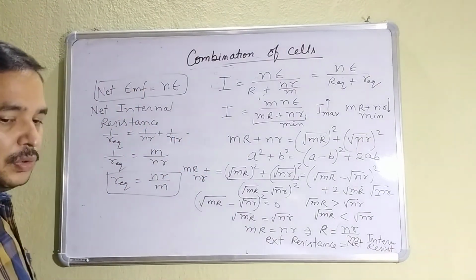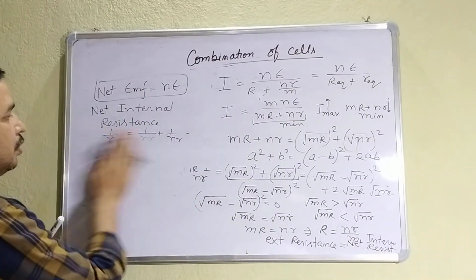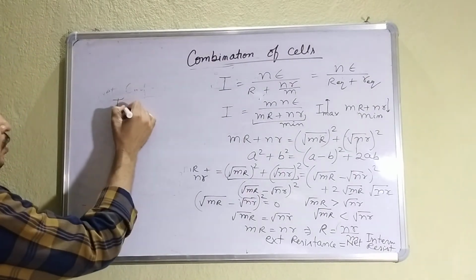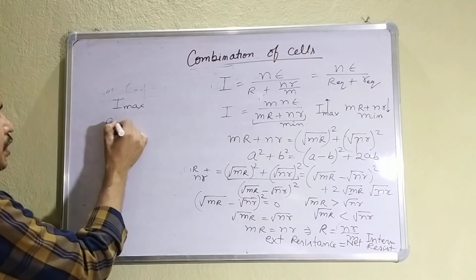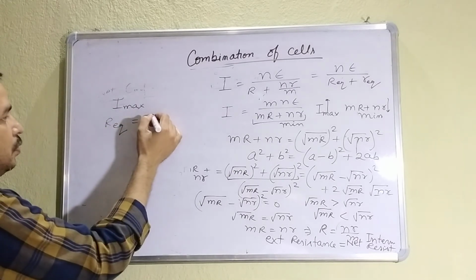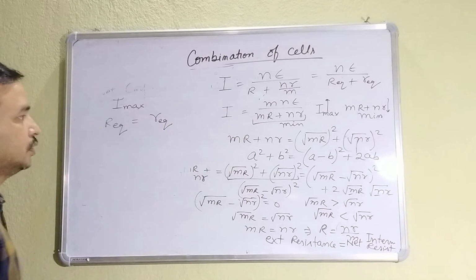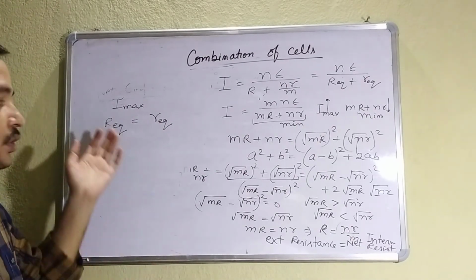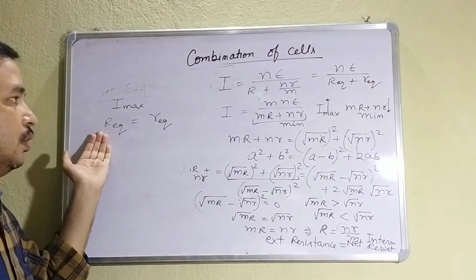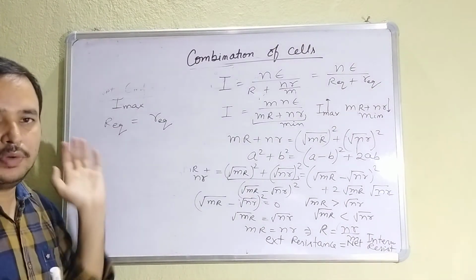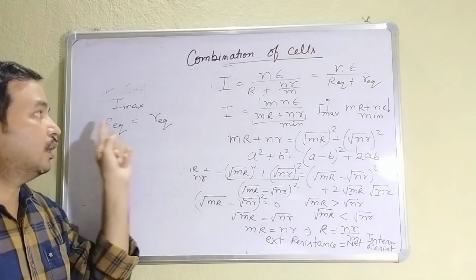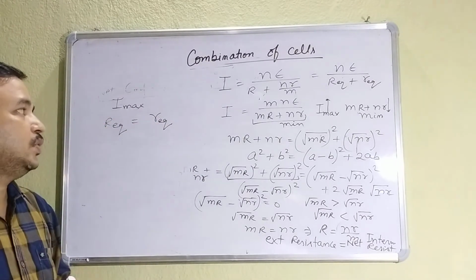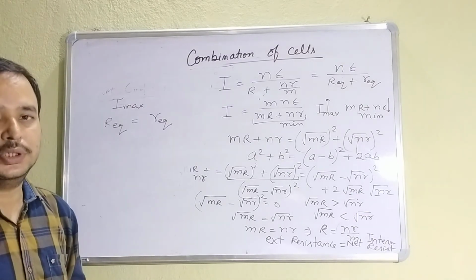So you can write in your copy that for maximum current, external resistance equivalent must be equal to internal resistance equivalent. Total internal resistance must be equal to the external resistance. It may be 1, it may be the equivalent of this. Always you have to write the equivalent. If it is one resistor, only write R is equal to R equivalent. More than one, total external resistance must be equal to total internal resistance.